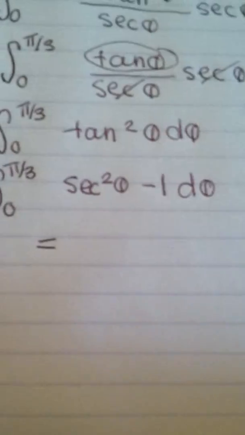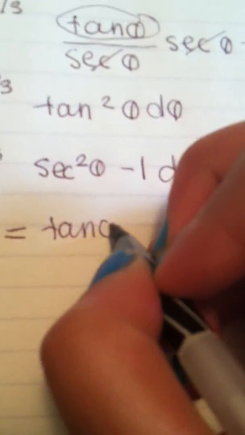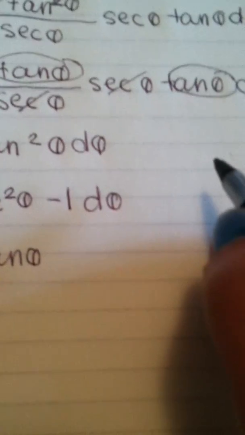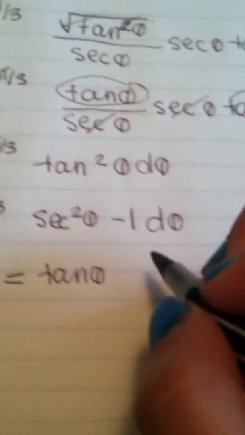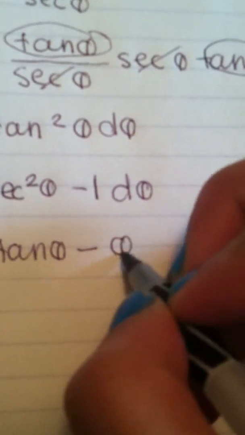Now this is much easier to integrate. So this would then equal the antiderivative of secant squared theta, which is just tangent theta, and the antiderivative of 1 is just theta. Now we're evaluating this at the bounds 0 and pi over 3.